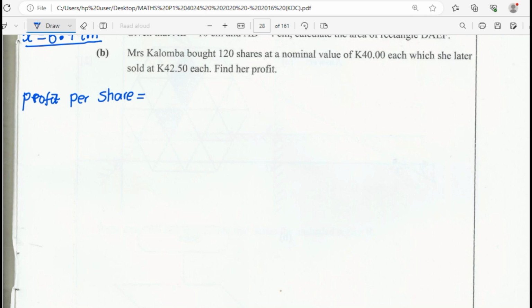So what you do, you get the selling price. This is the price at which the shares were sold. We subtract the cost price, the price at which the shares were bought.